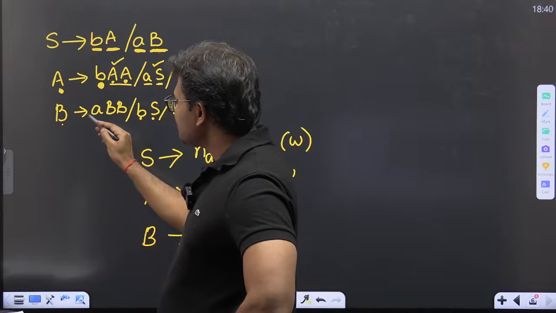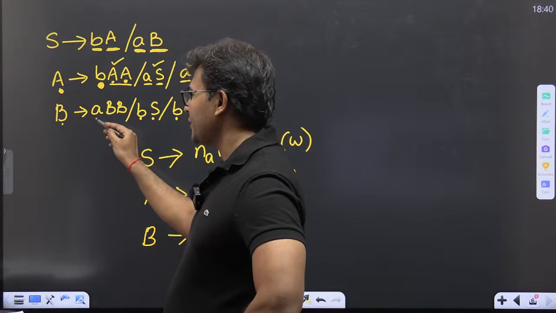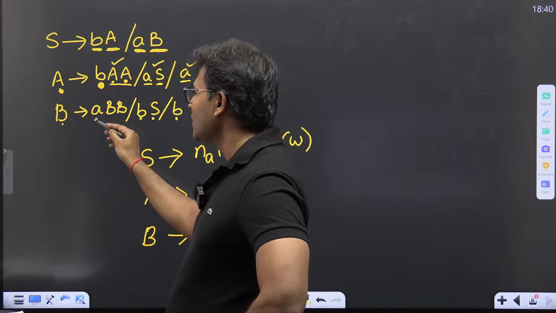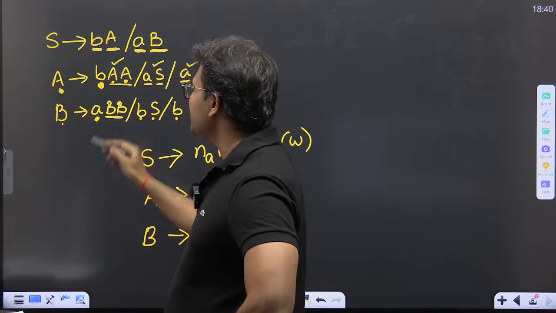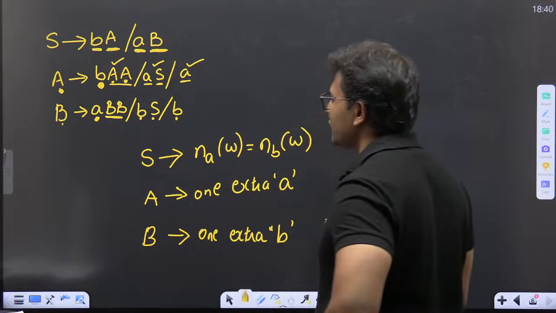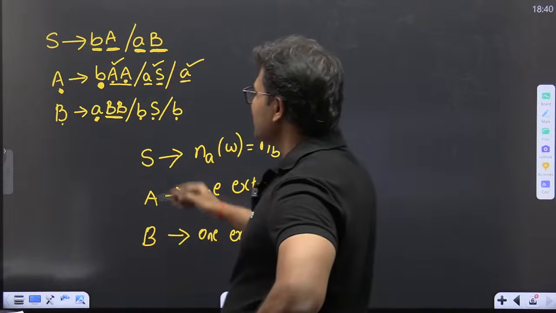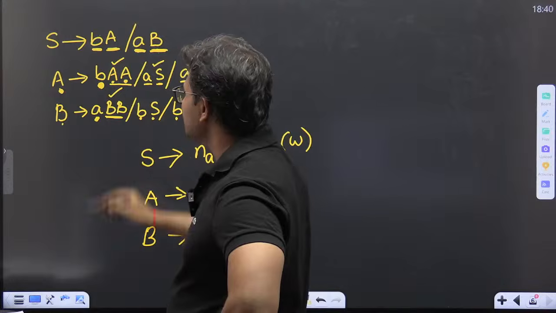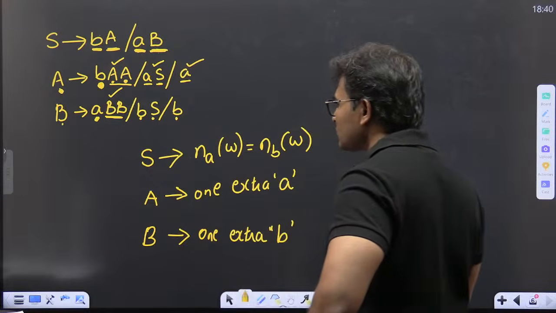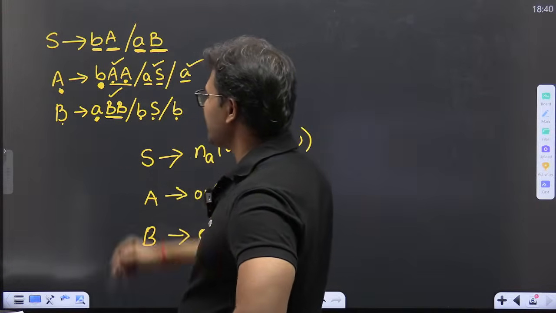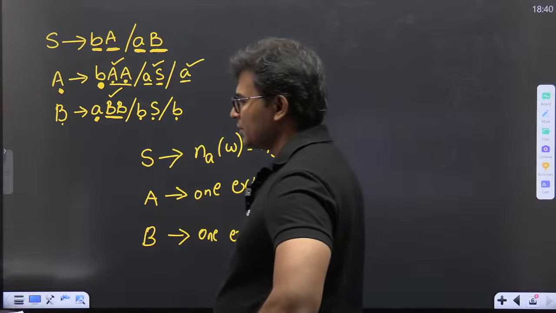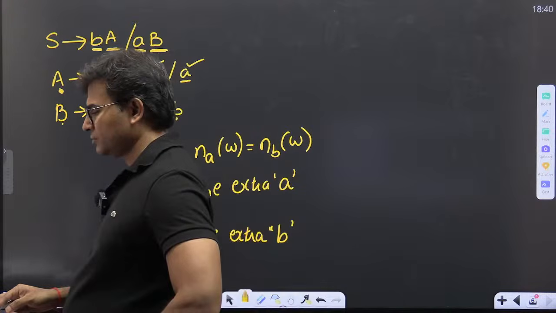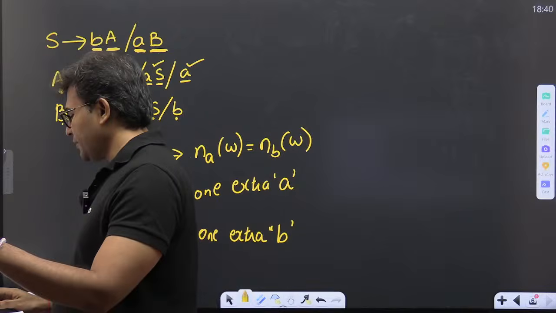Now, B's responsibility is to generate one extra B, but instead it has generated A. Therefore, it has to generate BB, right? Even in this case, an extra B is generated.